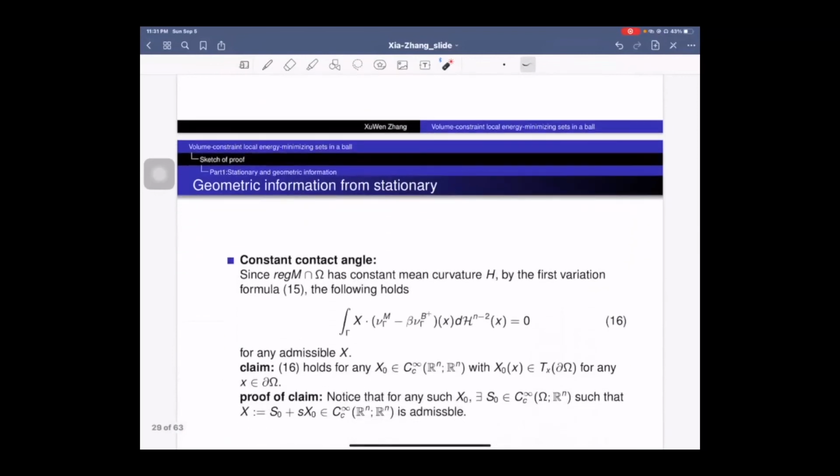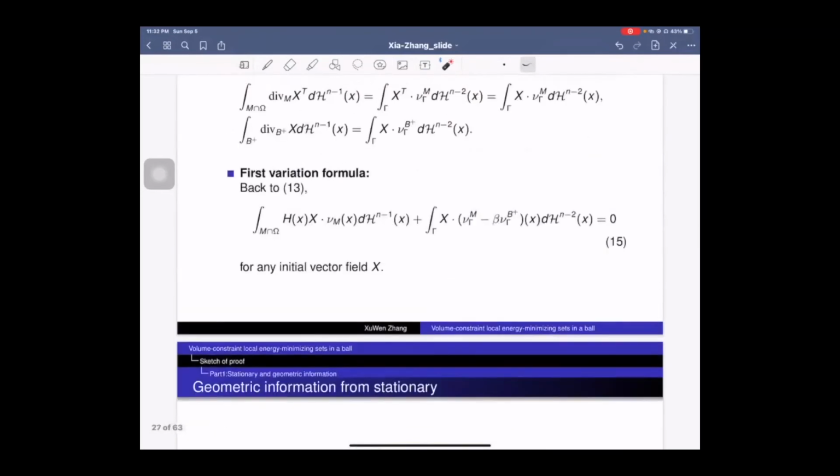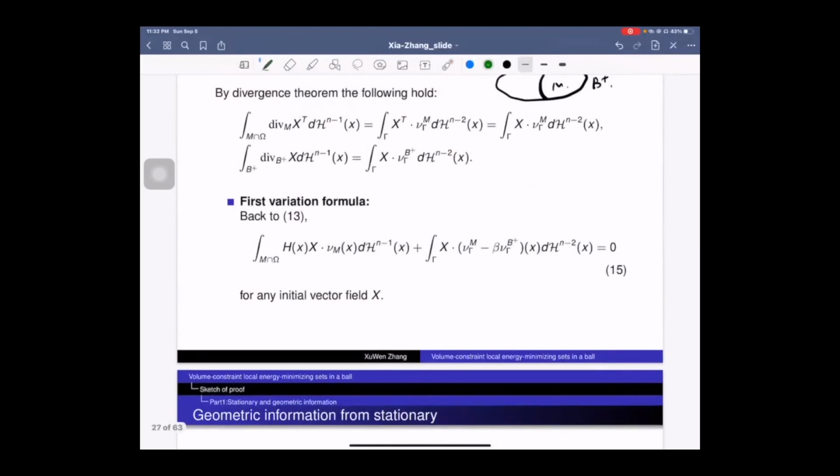And now we derive the constant contact angle near the boundary. Let's go back to this formula first. We now know that h is constant, so we can take it outside the integration.